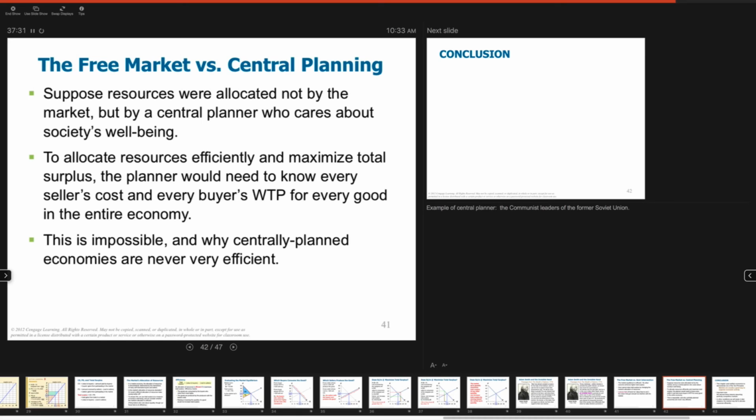A centrally planned economy might assign to the Hoke household a productivity of 50 paper airplanes a day. They don't care that their opportunity cost is way too high.